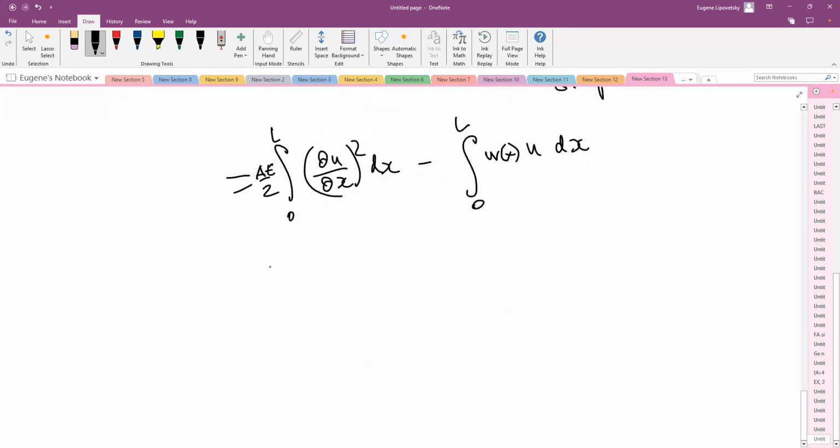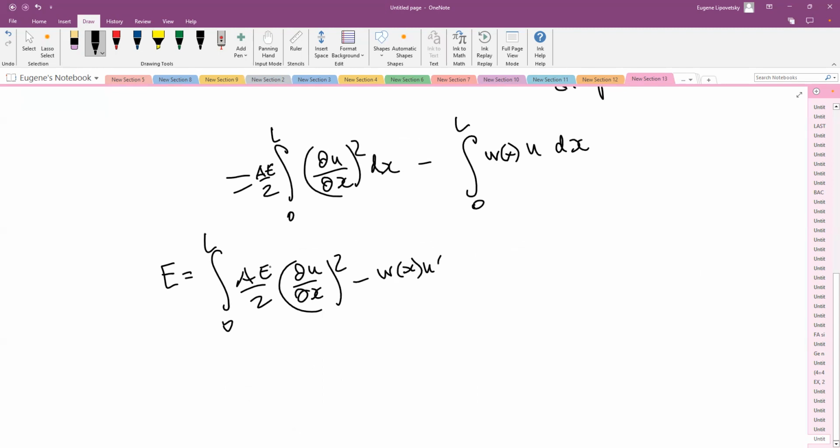The result is the elastic potential E equals the integral from 0 to L of AE over 2 du over dx squared minus W of x u of x dx. The condition for equilibrium is that E goes to minimum, which is familiar to us, all right?